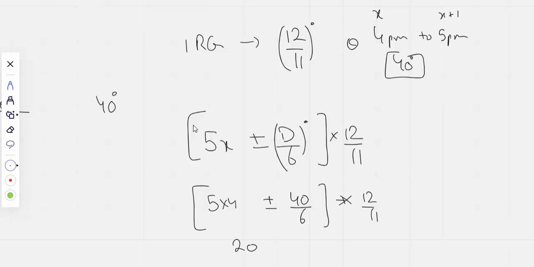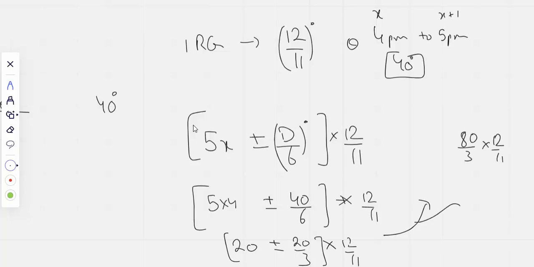So 20 plus minus 20 by 3, into 12 by 11. If you solve it you get 80 by 3 into 12 by 11 as one value, and the second value is 40 by 3 into 12 by 11.